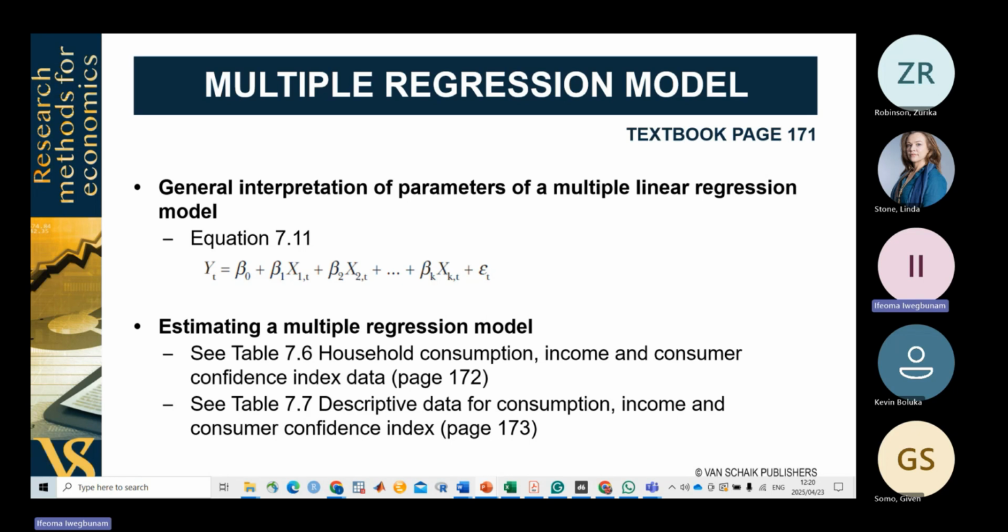But somehow, that does not really work, especially when you are using time series analysis, because you need to measure by how much the independent variable influences the dependent variable, and you cannot just use one variable. So in a multiple regression model, you need to also include other variables that are related to household consumption and income.